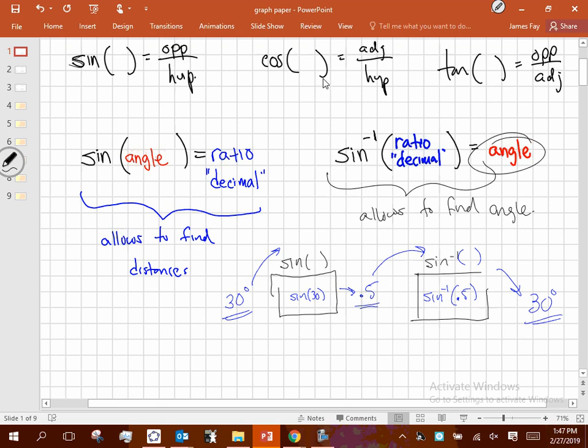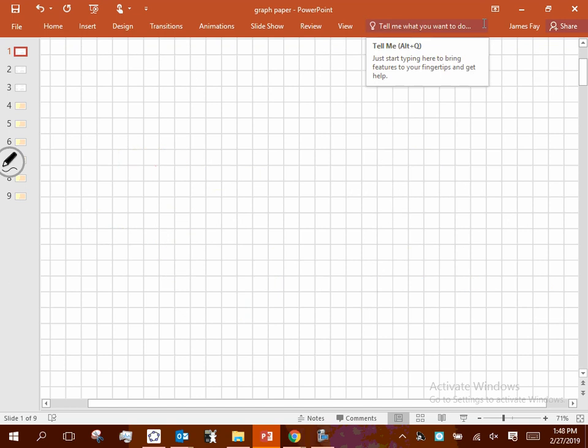You've done a lot with inverses in the past. What is the inverse of radical x? Here's the question. How do I think about what we said about inverses undoing something?